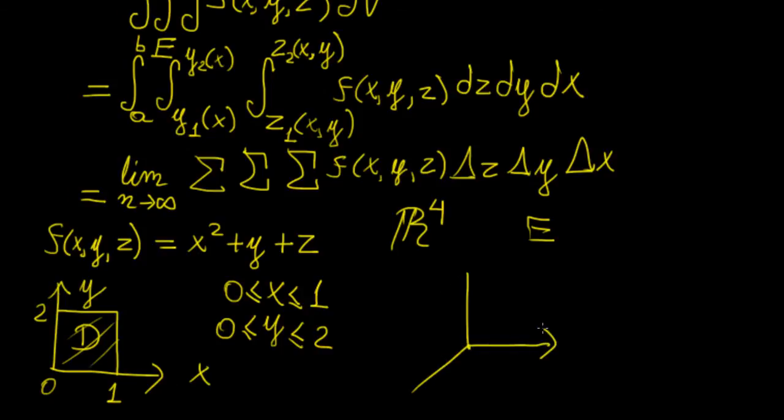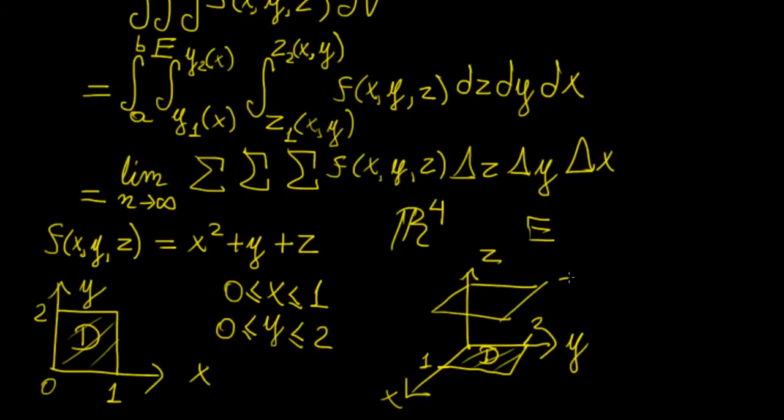What we're going to do now is draw the exact same region on the xy plane. So we have 1 here, and the 2 here, and we have the little region D. Now we're going to define a region in this three-dimensional space. To make things simple, let's choose a plane defined by z equals 3. That's the equation of a plane that is constant along the z-axis.